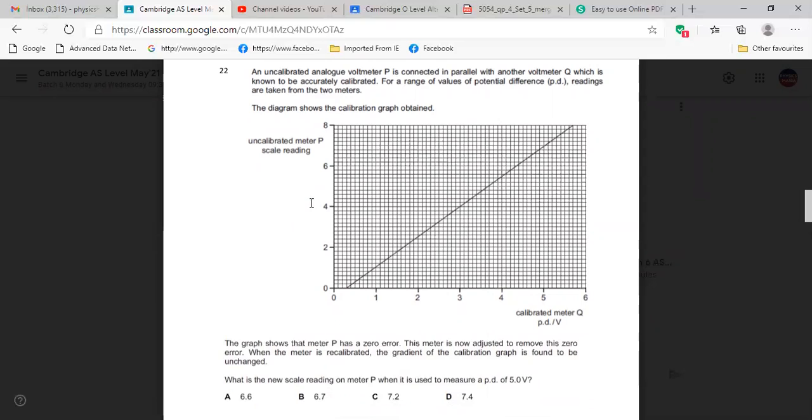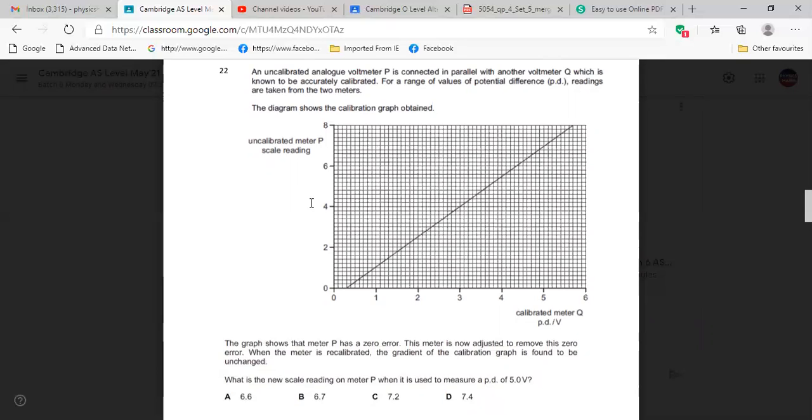Can you read 22? Yes, sir. An uncalibrated analog voltmeter P is connected in parallel with another voltmeter Q, which is known to be accurately calibrated, for a range of values of potential difference. Readings are taken from the two meters.